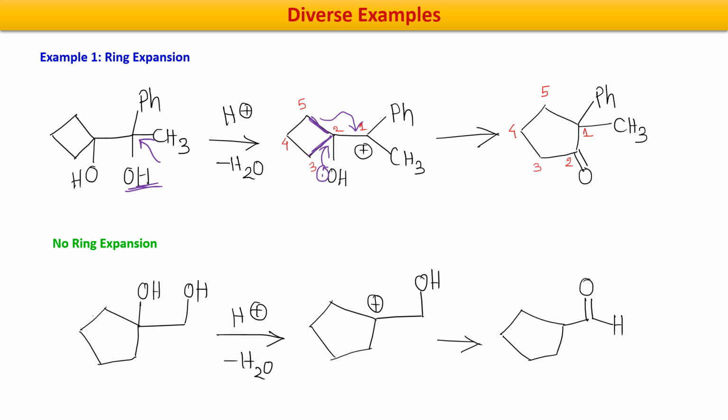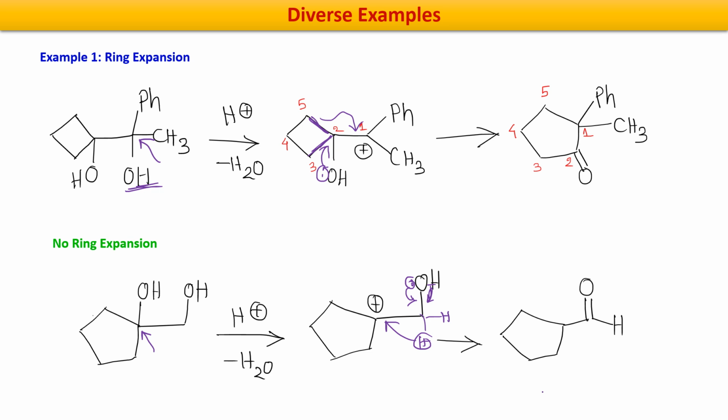Let's see another example where you will get no expansion. So it is not that always there will be expansion, it depends. So in this case, positive charge at this position will be more stable, because on the other side we have simply hydrogen. And as this is the case, now when this will be pushing like this, one of these hydrogens, there are 2 hydrogens, right? So one of these hydrogens will be going this side.